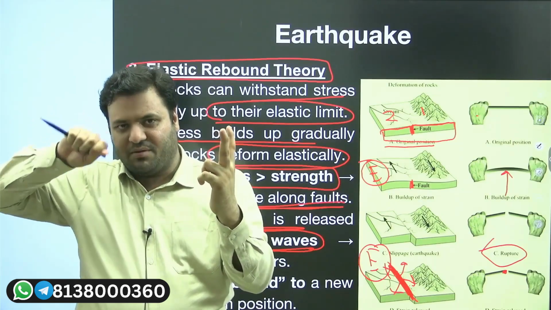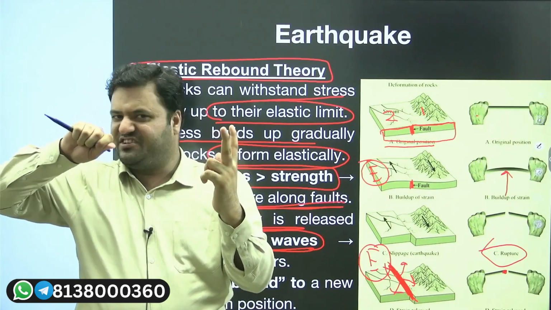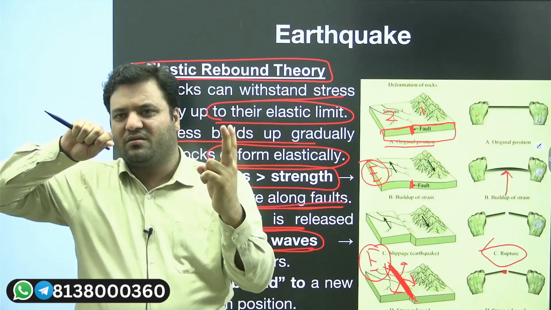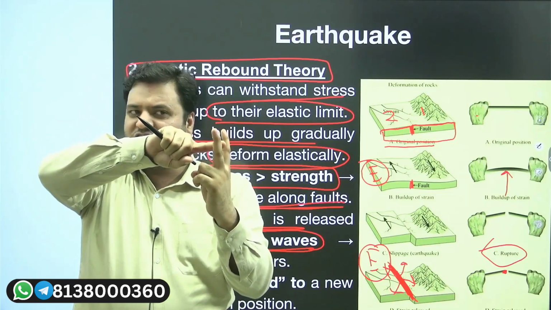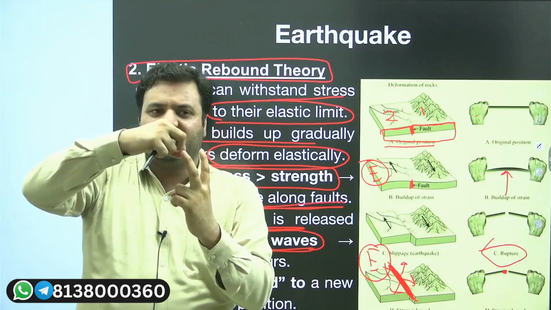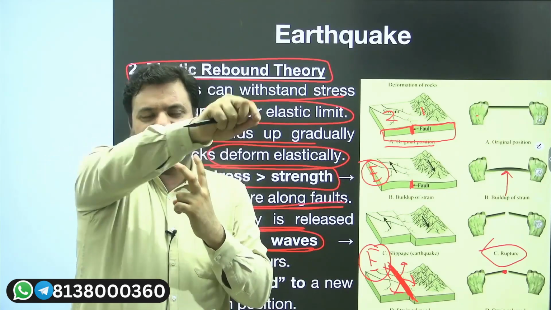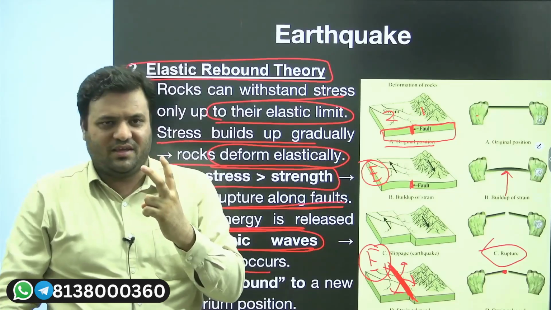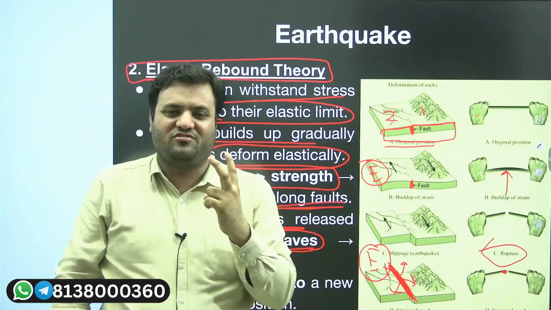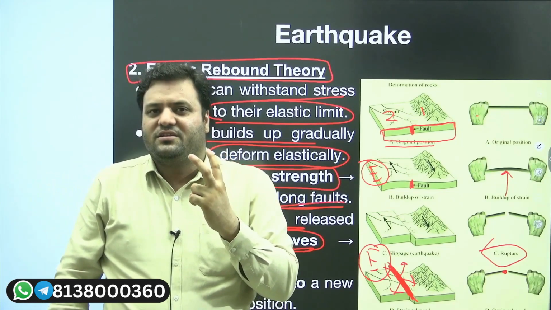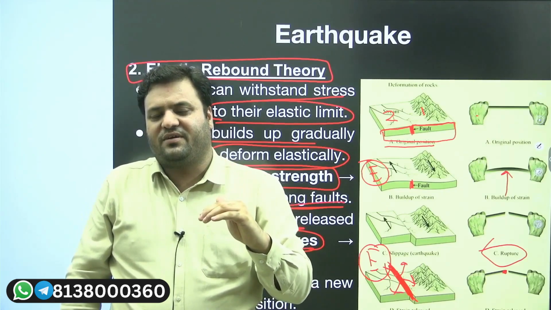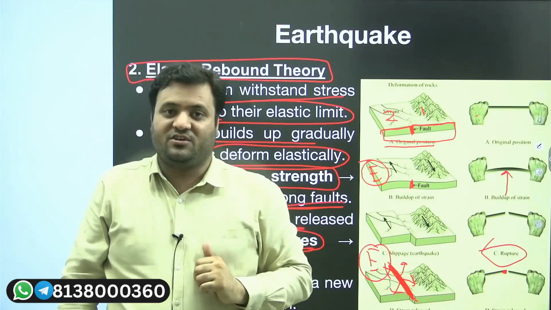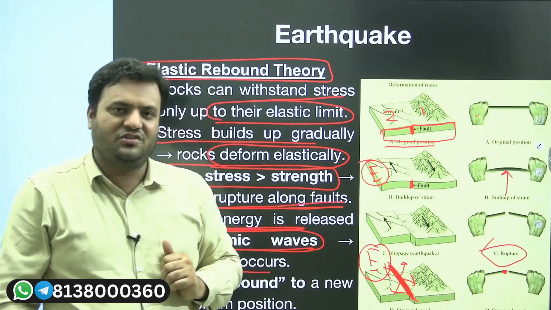That rubber band is like a rock, which cannot hold more stress. It will go back to its original position, releasing energy. So we have the same thing as far as earthquakes, or as far as rocks, or as far as the faults are concerned.